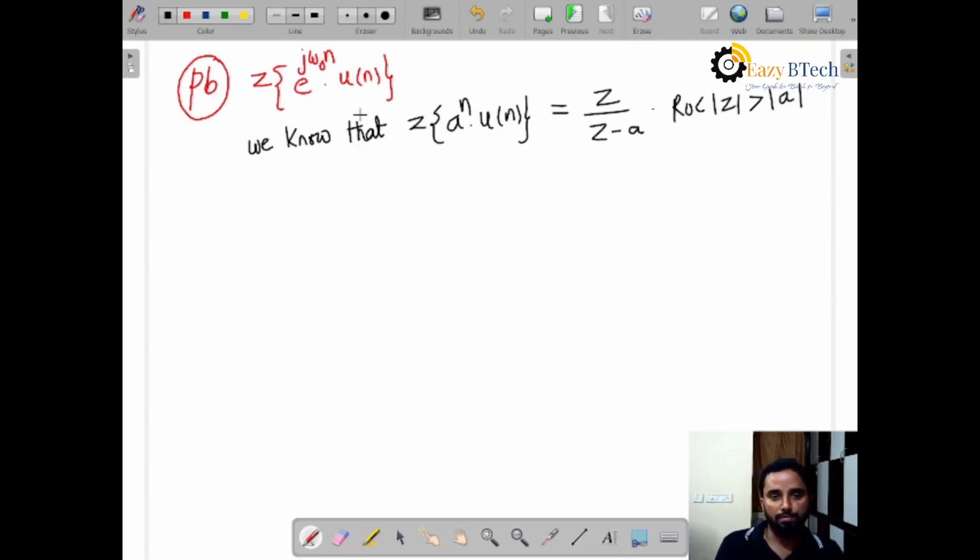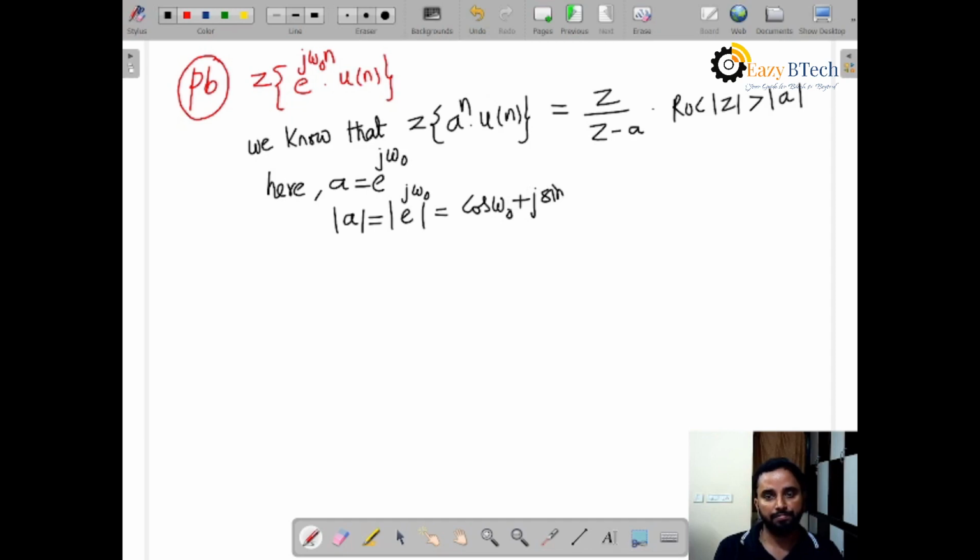So now by comparing the given problem, here a is equal to e power j omega naught, and magnitude of a, that is magnitude of e power j omega naught, will be magnitude of cos omega naught plus j sin omega naught.